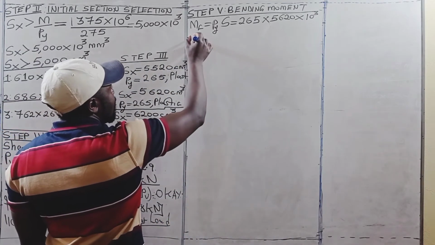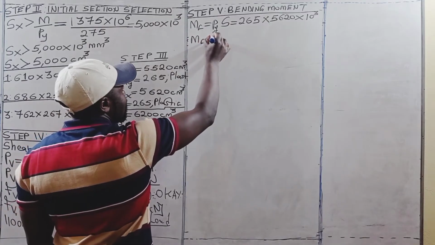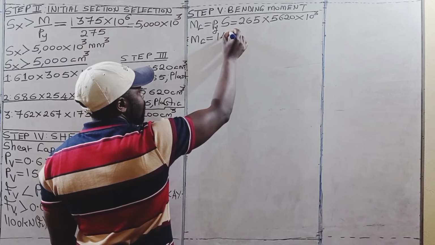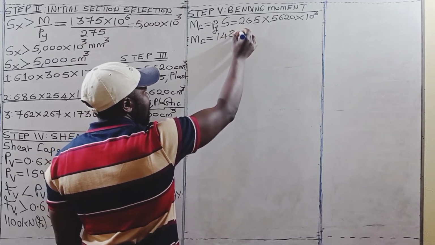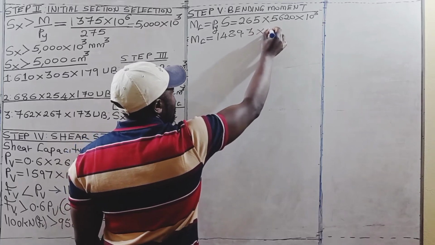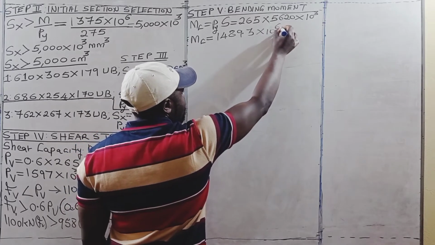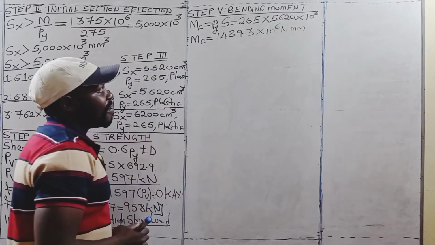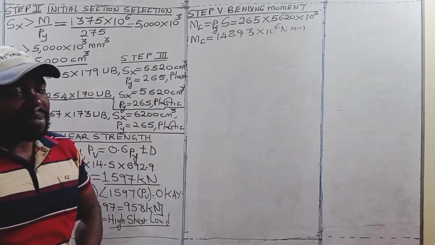And therefore, the moment capacity of this section happens to be 1,489.3 times 10 raised to the power of 6 Newton millimeter. We need to convert this to kilonewton meter.